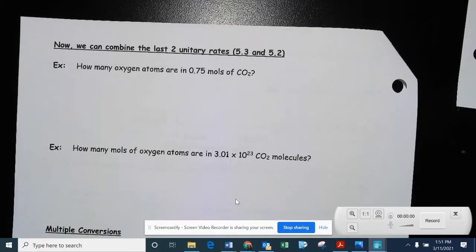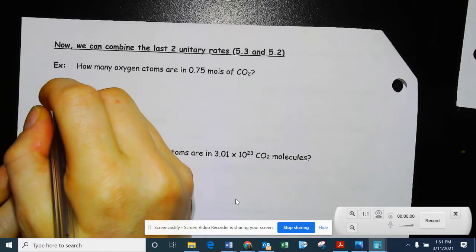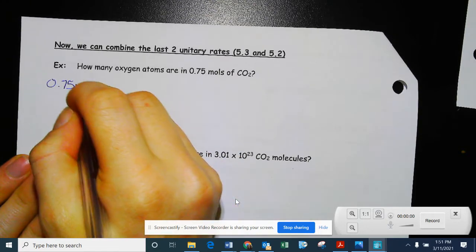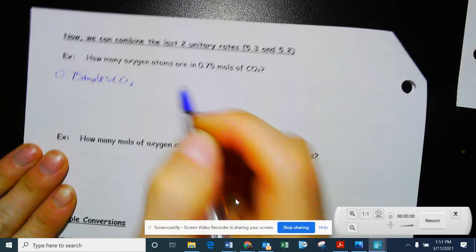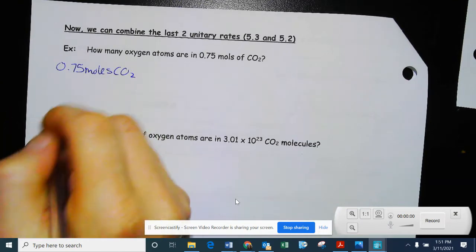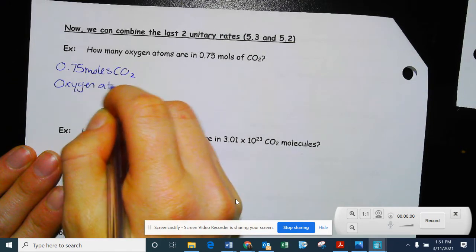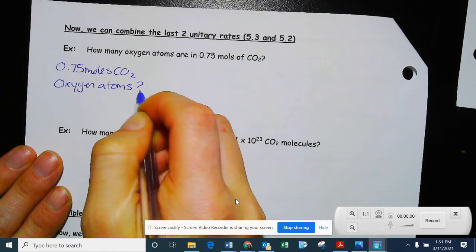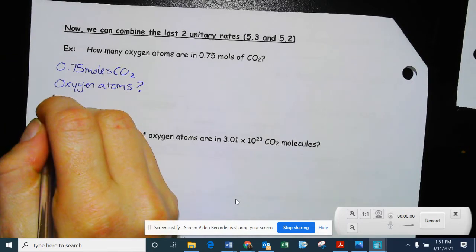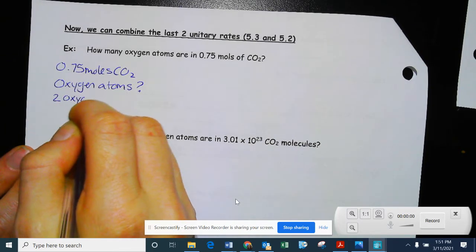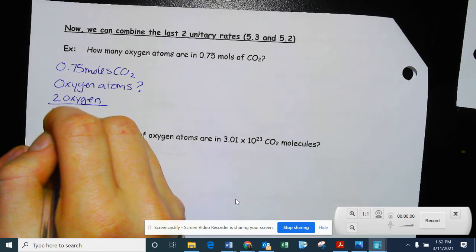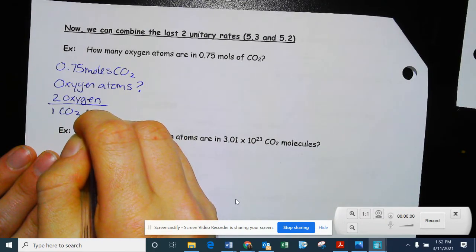All right. So the next question is how many oxygen atoms are in 0.75 moles of carbon dioxide? So what we have is 0.75 moles of CO2. What we're looking for is oxygen atoms. And another thing that we know is that there's 2 oxygens for every 1 CO2 molecule, right?